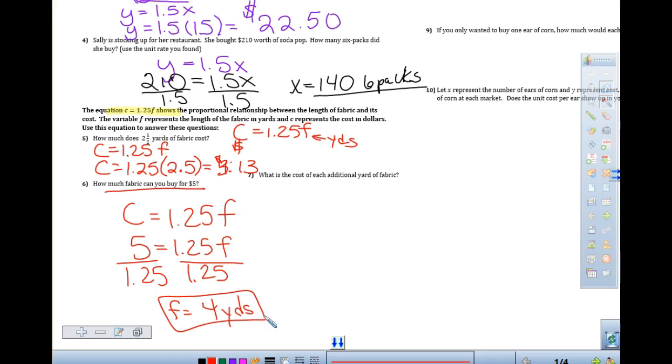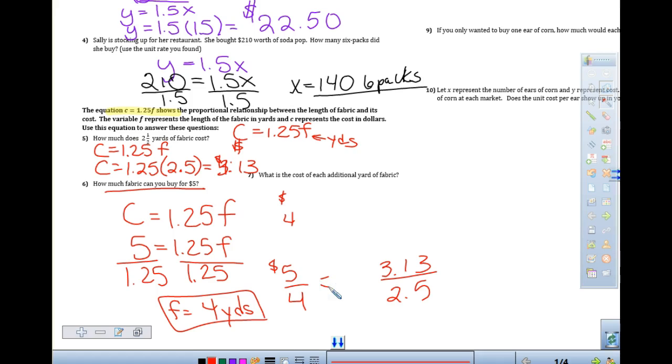I want you, right now, to take, because this said we wanted to find our unit cost, and we were looking at dollars per yard. If I take $5, so just over to the side, take your $5 and divide it by 4, and take $3.13 and divide it by 2.5. Everyone do the first one and then do the second one on your calculator.